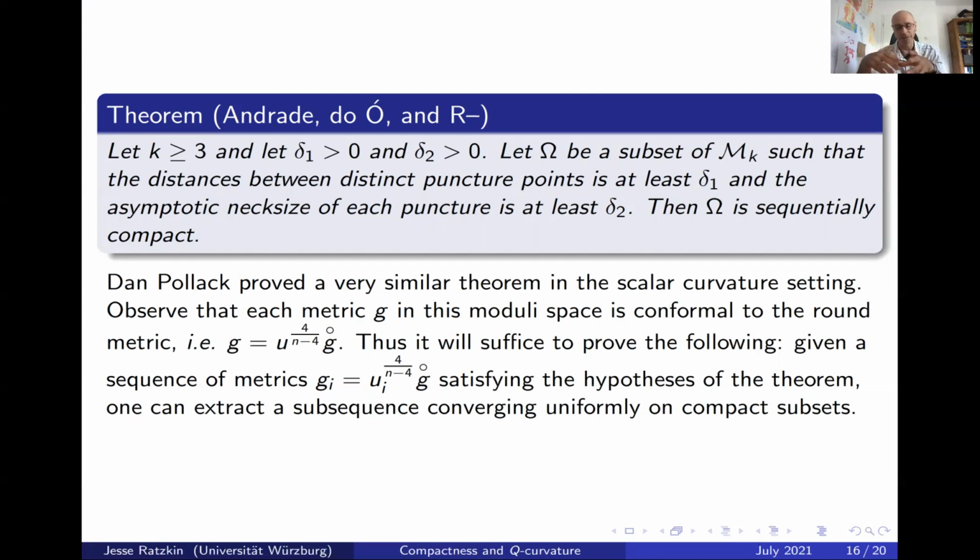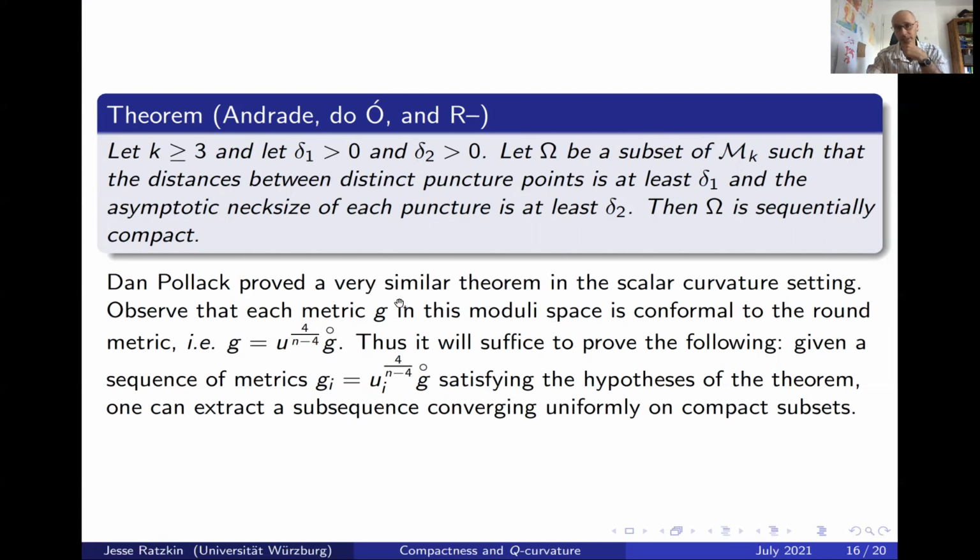So what does that mean? That means if I take any sequence of metrics within this particular subset of the unmarked moduli space MK, I can find a subsequence which converges with respect to the Gromov-Hausdorff topology.